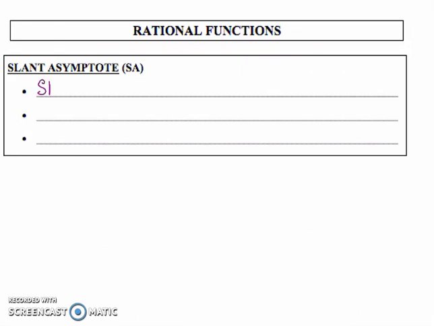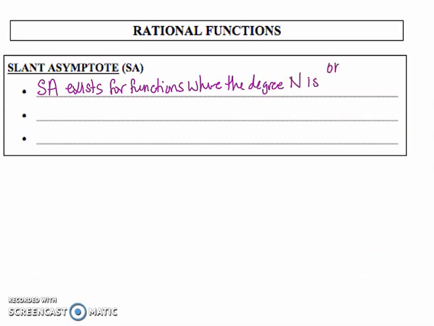So first of all, a slant asymptote exists for functions where the degree of the numerator is, and this is very specific, 1 more than the degree of the denominator, okay?